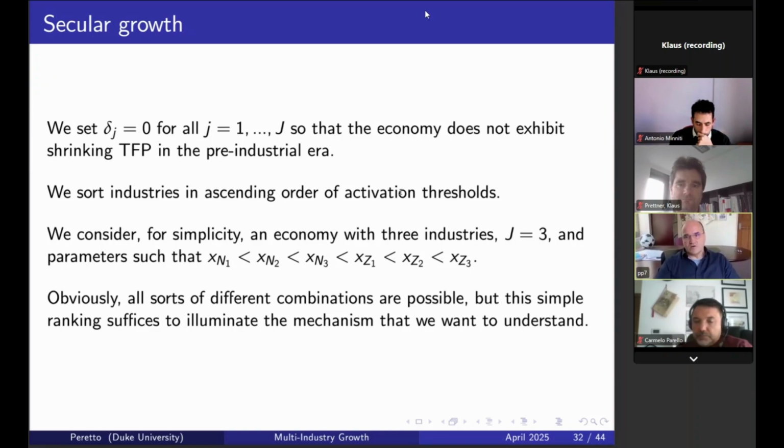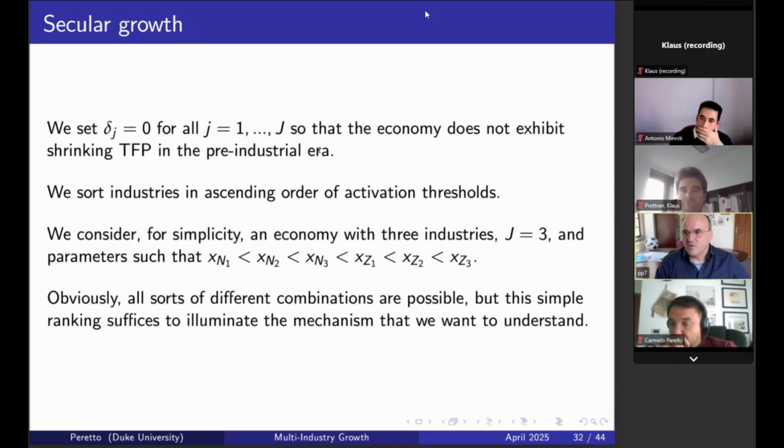So what is secular growth in this model? First of all, I'm going to shut down the exit rate because I don't need it for this exercise. Same thing that we did in the baseline model of a single industry economy. Now we're going to start all of the industries in the extreme left of the phase diagram, where the market size is so small that there is no investment.